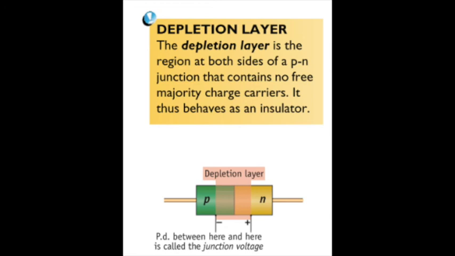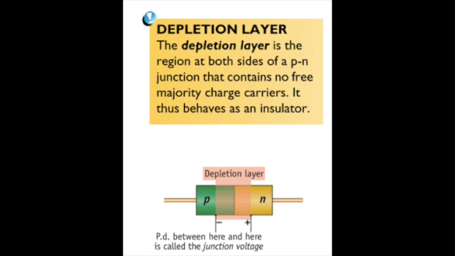And likewise, the negative charges from the n-type will be attracted into the p-type side. So this creates a zone near the boundary between the p-type and the n-type where there's no charge carriers, where it's just neutral. We call this the depletion layer, where there's no free charge carriers.